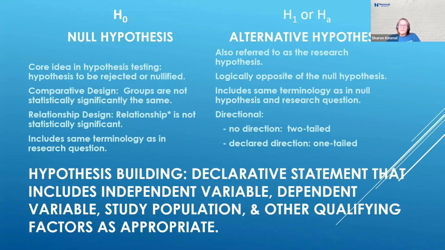Do you remember in the bell-shaped curve, we had the two tails? When you have an alternative hypothesis, you could simply state there is a statistically significant difference, meaning you're not going to predict which direction based on the mean, which direction or which tail it's going to fall into.